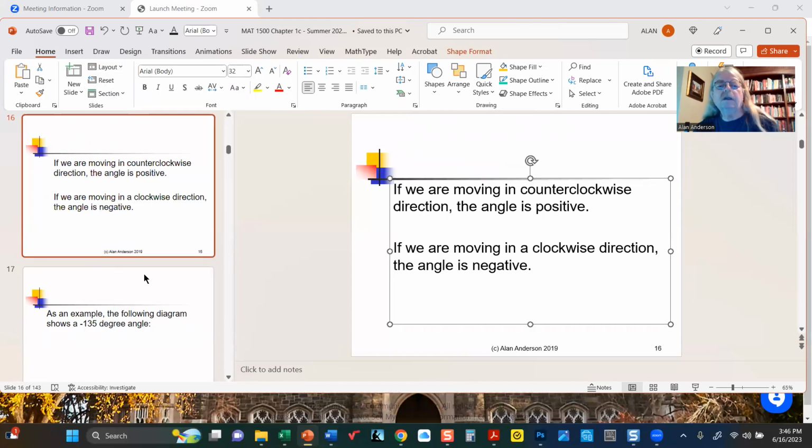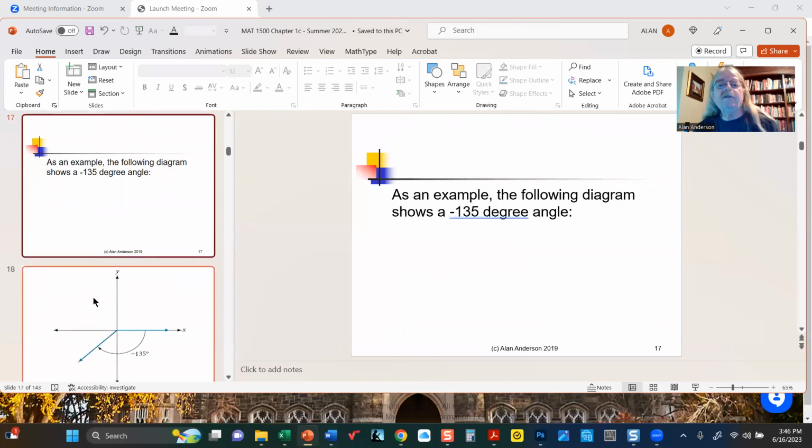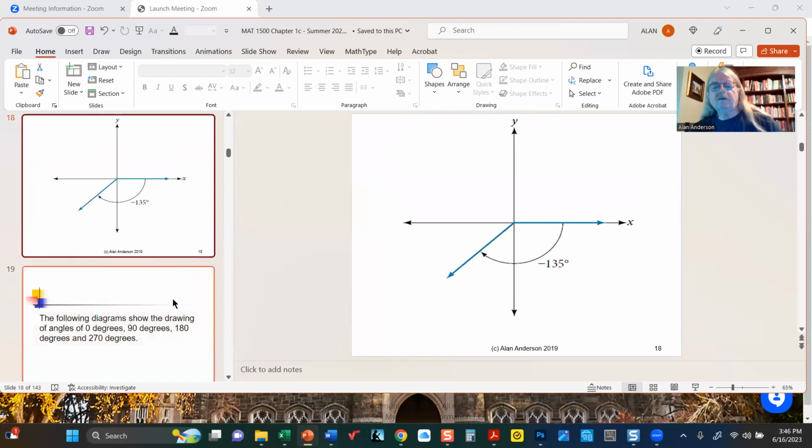For the angle negative 135 degrees, that means that what we've done is we've gone in a clockwise direction, 90 degrees to get to the fourth quadrant. And then halfway into the third quadrant is 45 more degrees.